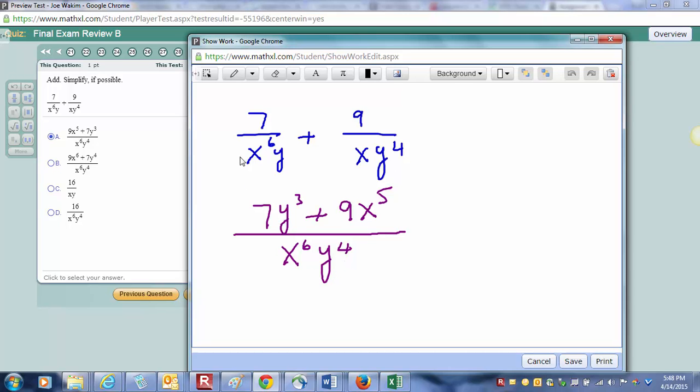So moving from this denominator to this denominator, we multiply by y cubed, so let's multiply the numerator by y cubed. Moving from this denominator to this denominator, we multiply by x to the 5th, so I multiply the numerator by x to the 5th. That would be the final answer: 7y cubed plus 9x to the 5th over x to the 6th y to the 4th.